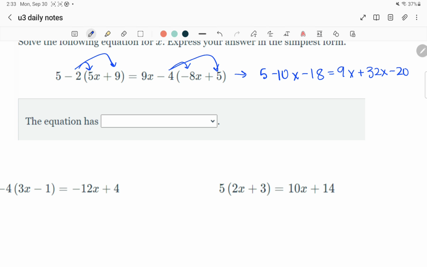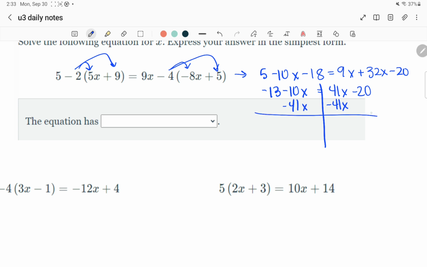Now I'm going to combine like terms. 5 minus 18 is negative 13 minus 10x equals 9x plus 32x is going to be 41x minus 20. Now I need to move my x's over here, and my not x's over here. So I'm going to do minus 41x minus 41x.